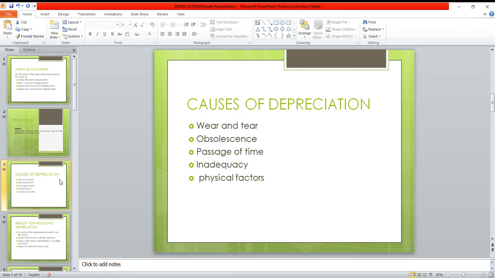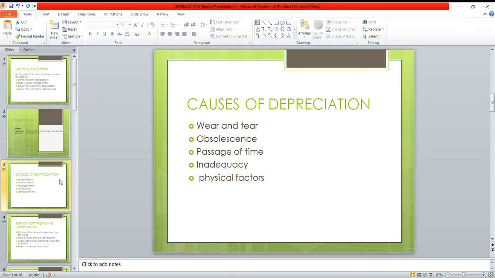We also have inadequacy, where with new technology coming in and replacing the existing technology, the existing assets or resources in that business diminish in value.